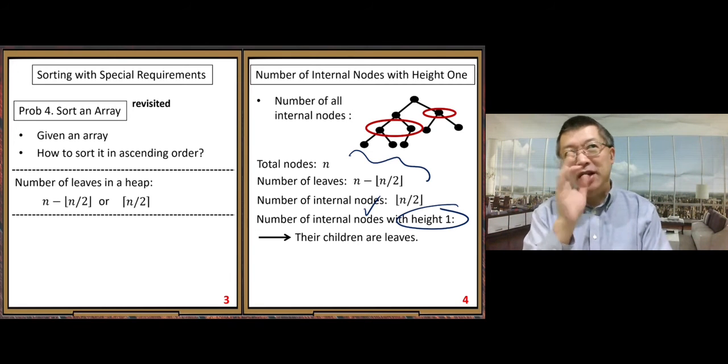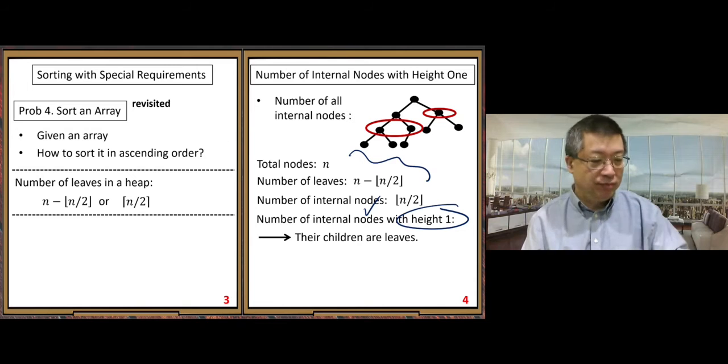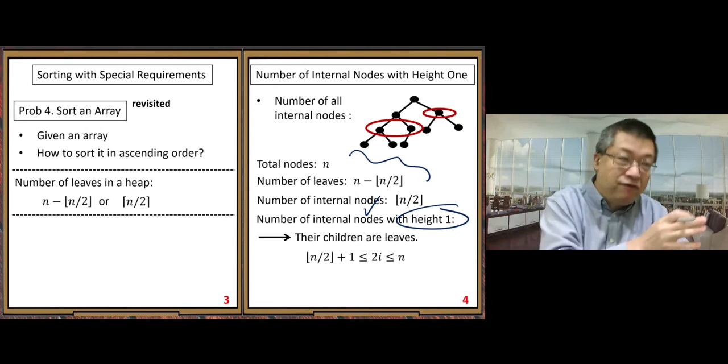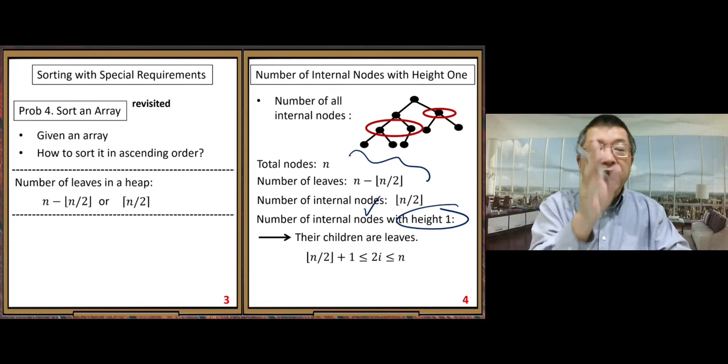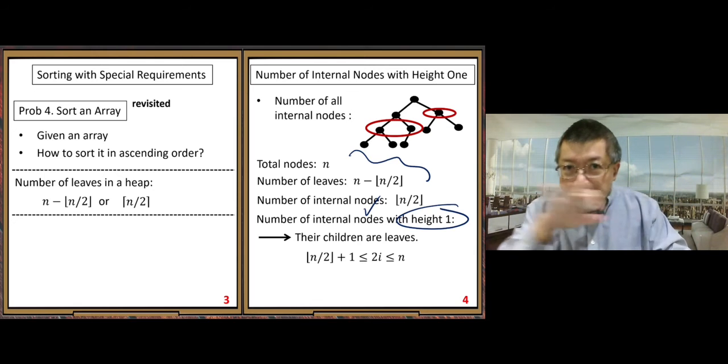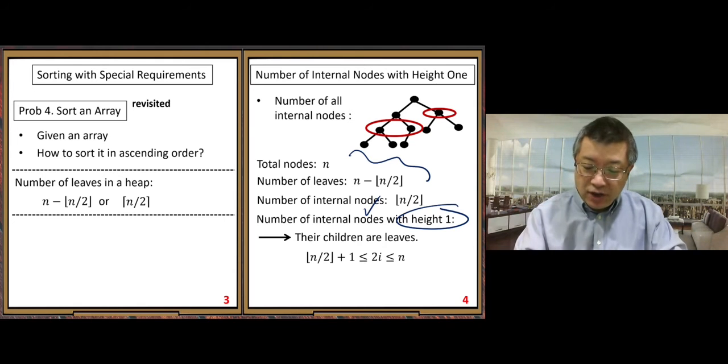So let's represent their children. 2i corresponds to the index of their left child nodes. 2i must fall into the leaf range. So this is the leaf range, right? Leaf range.